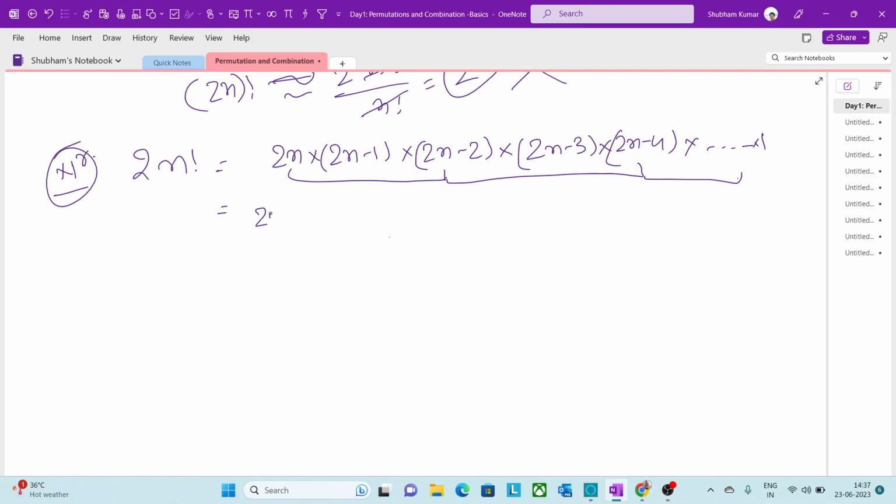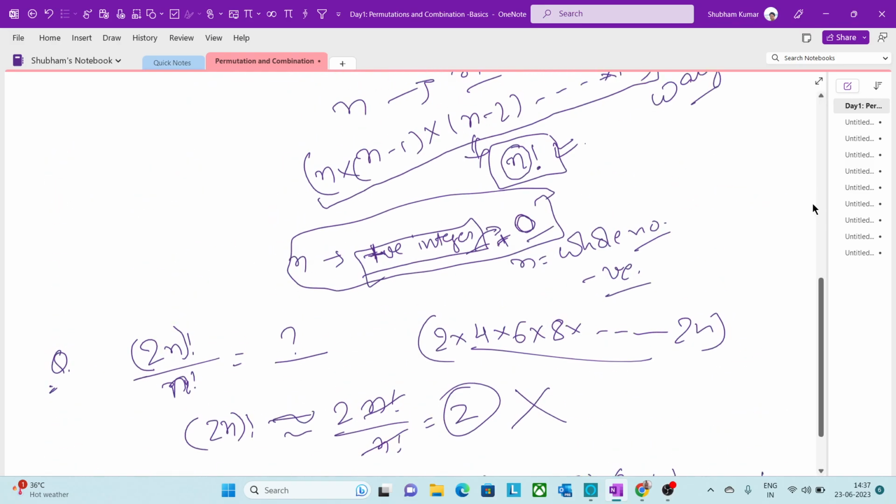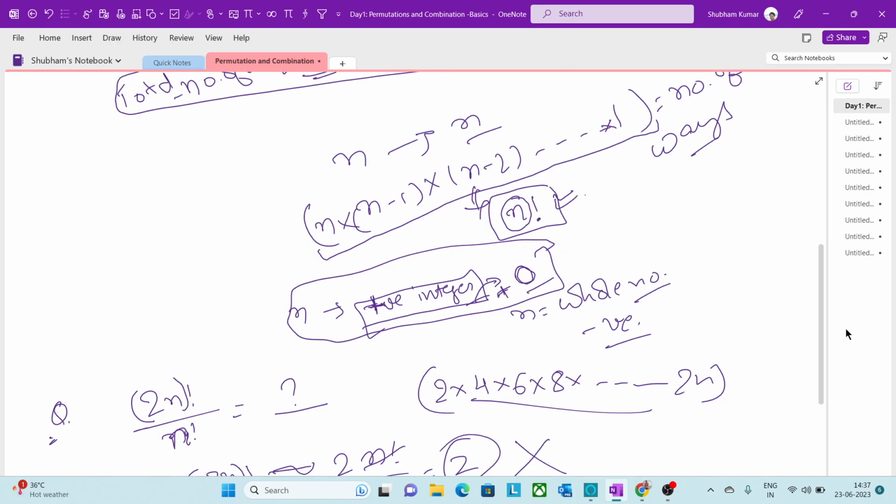So when we bring it down, 2n is written as 2 times n, multiplied by 2 times n minus 1, multiplied by 2 times n minus 2, and so on, multiplied by 2n minus 1 which is odd, 2n minus 3, and so on up till 1.